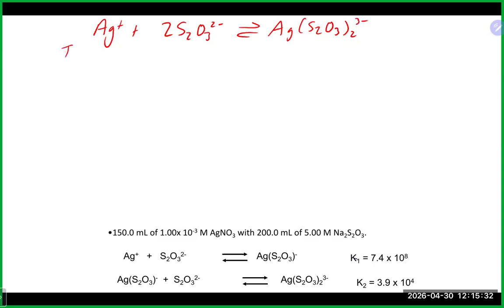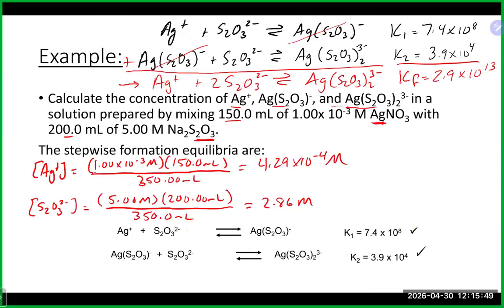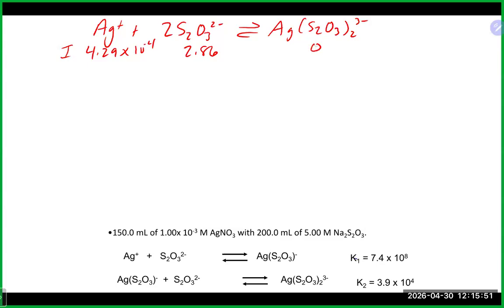All right, so initially, on the previous slide, we saw our silver concentration 4.29 times 10 to the minus 4, 2.86 there for our S2O3 from the previous calculation, and 0 here.